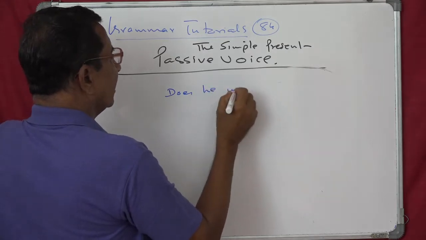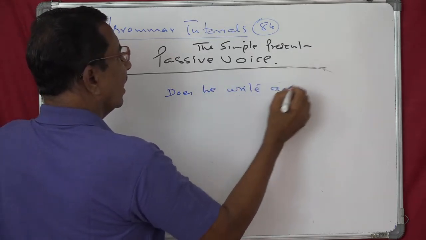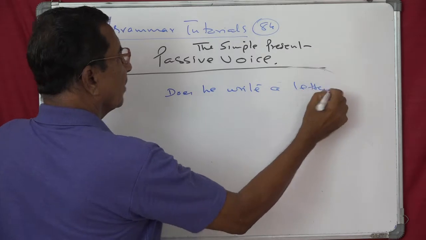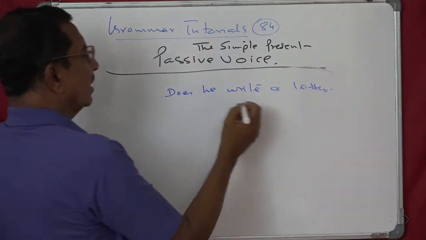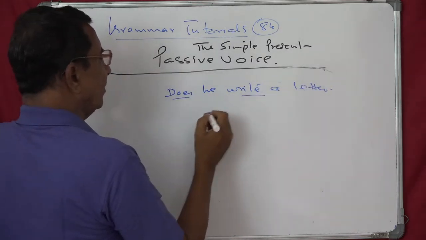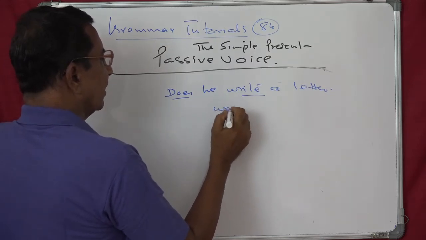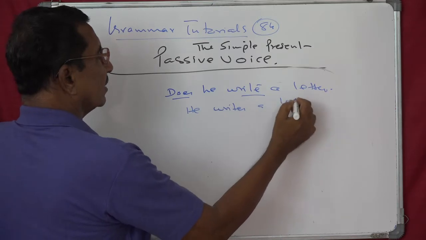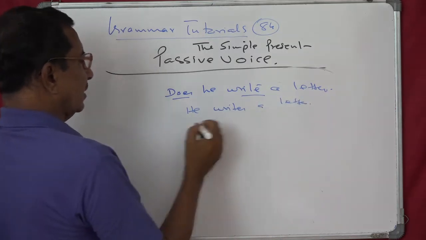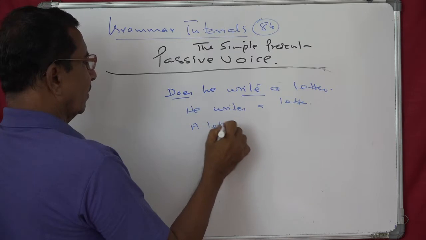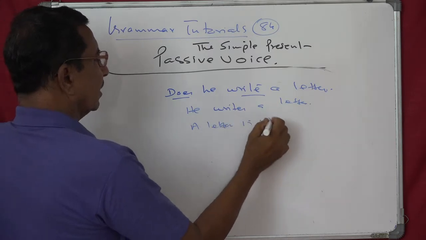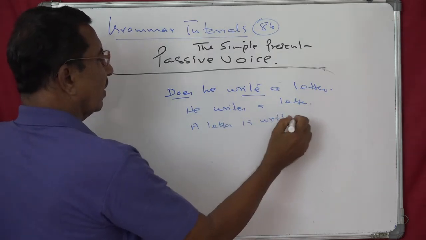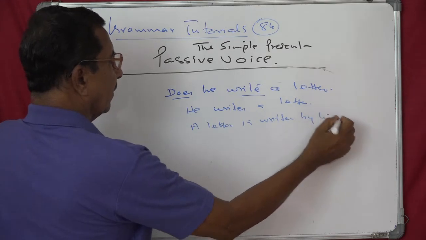Thus, he write a letter. Simple. Thus write will become writes. He writes a letter. Simple. A letter is written, third person singular, by him.